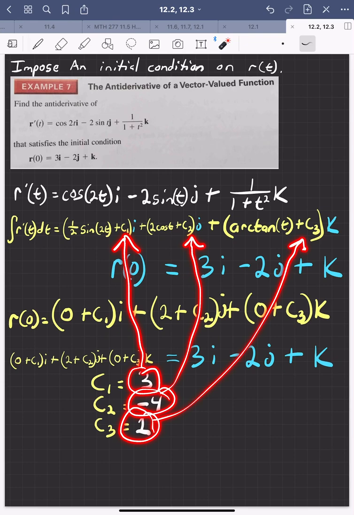It's not your client's job to do this extra work. You want to deliver a quality product. So all we have to do is rewrite the integral with the new values of c sub 1, c sub 2, c sub 3.